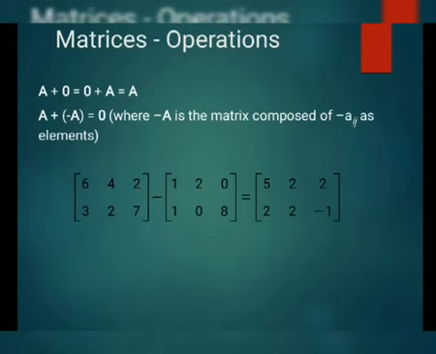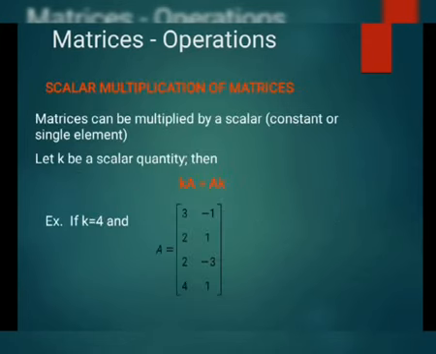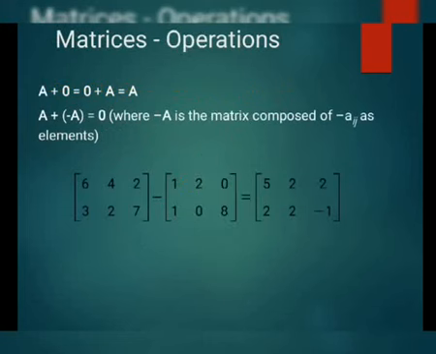Identity property means if we add any matrix with the null matrix, here 0 indicates the null matrix, or the null matrix with A, we again get that matrix. After that, next is the additive inverse of the matrix. If we add any matrix A with the negative of the same matrix, we get the null matrix or 0.